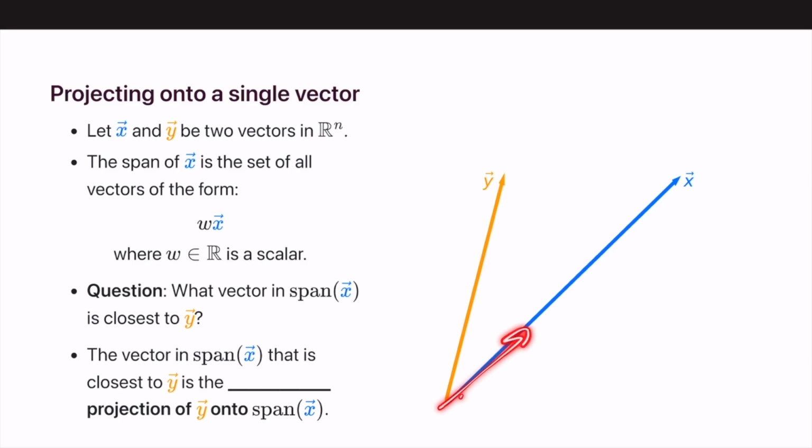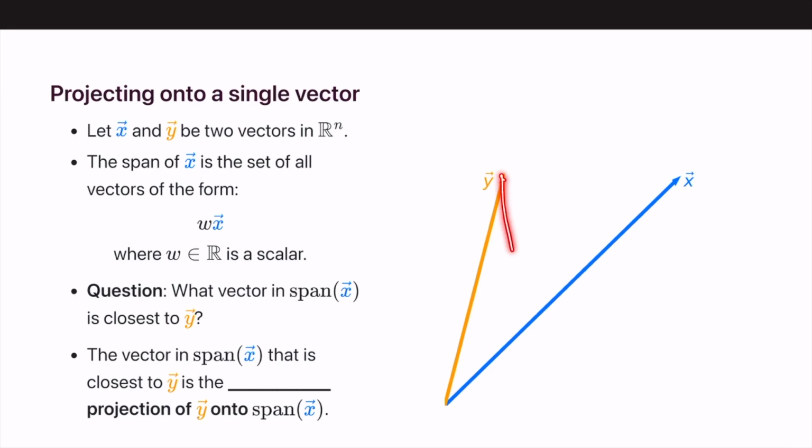So this would be a scalar of x, and also going the opposite direction, and so on and so forth, as long as it lies on x or goes the opposite direction of x, and it scales the vector x. So what we want to find is, given some other vector y, what is the projection of y onto x, and what is the specific vector that we can create, in this case e, that minimizes e.